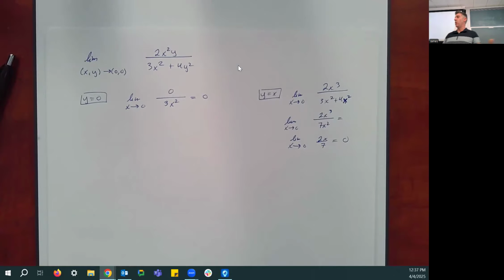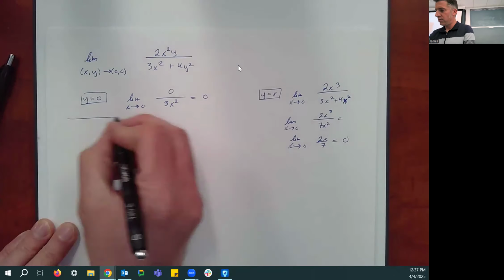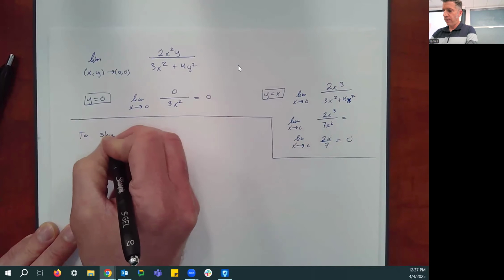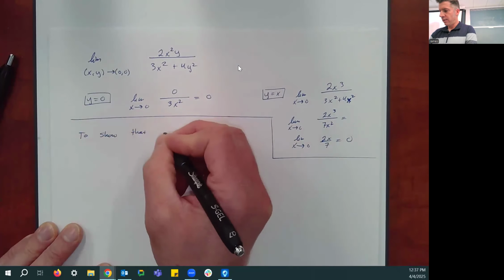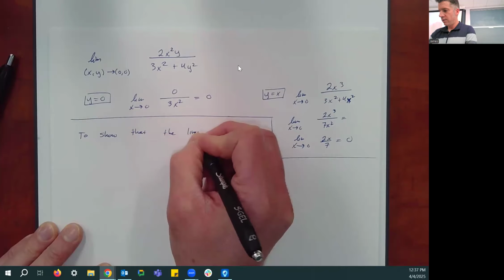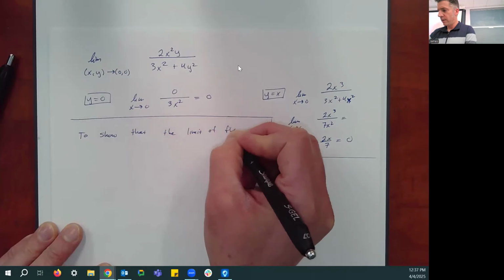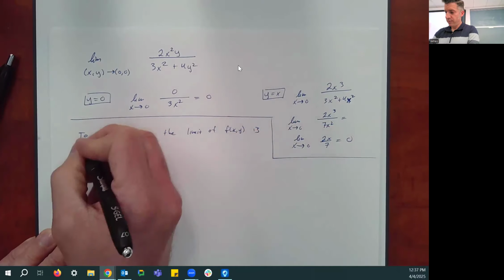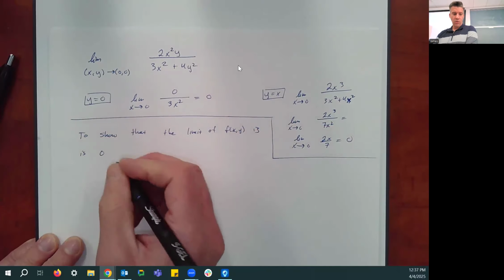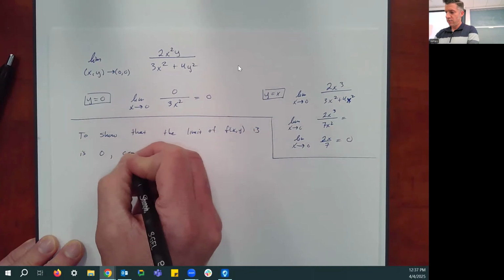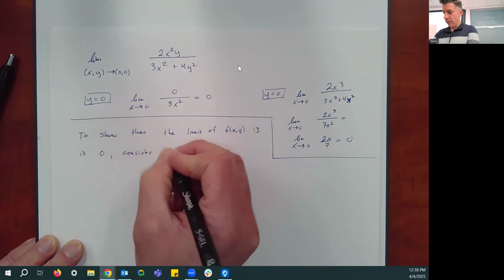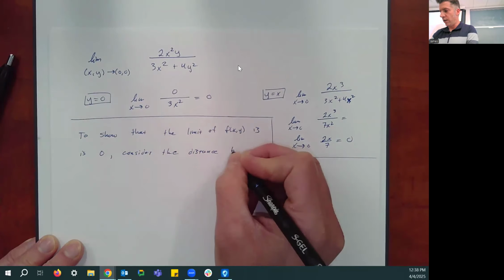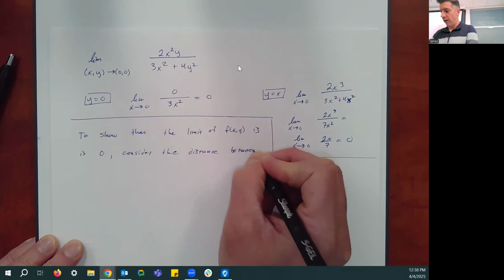So, in fact, let's write some words here. To show that the limit of some function is some number, in this case 0, what we're going to do is consider the distance between the function and the value of 0.